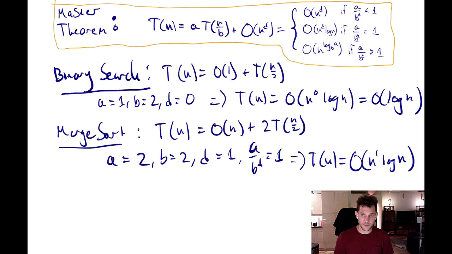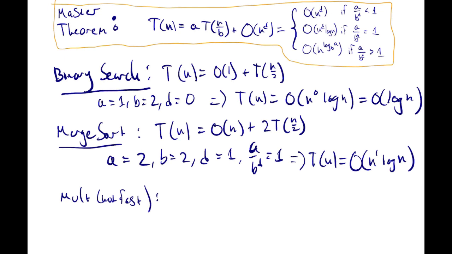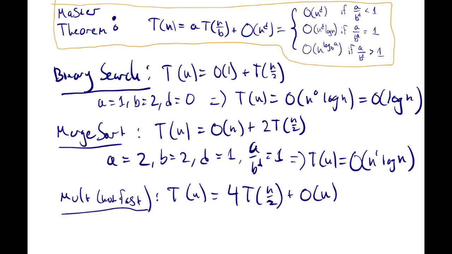Okay, how about standard multiplication, let's say not fast multiplication? Here we had T of n equals 4 times T of n over 2 plus O of n. Of course, we went through this in detail, but let's just use the master theorem now. We'll see how easy it is. Here we have a equals 4, b equals 2, d equals 1.